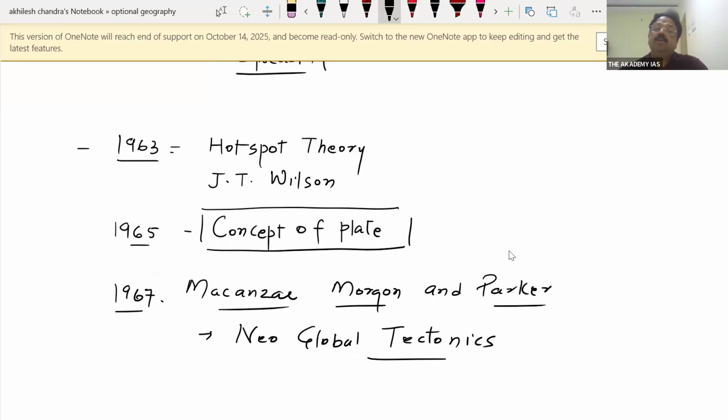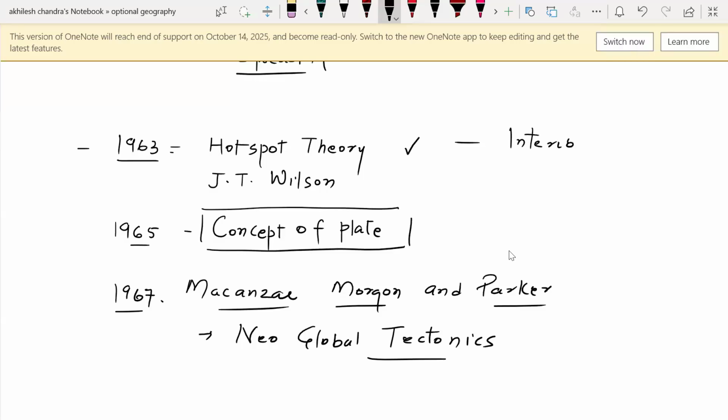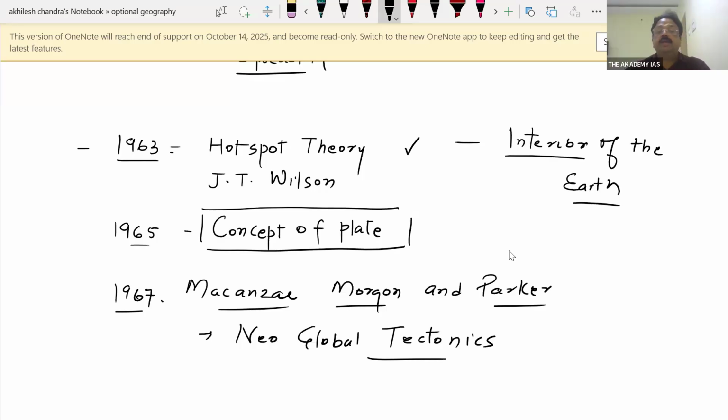You all have this idea of hotspot theory by J.T. Wilson in the interior of Earth, we have discussed it. Remember? Yes, sir. Interior of the Earth topic. Fine. And the concept of plate is given by the same person, J.T. Wilson.